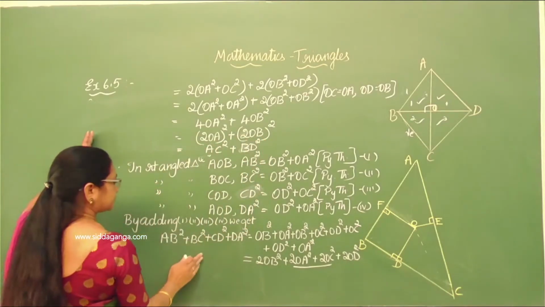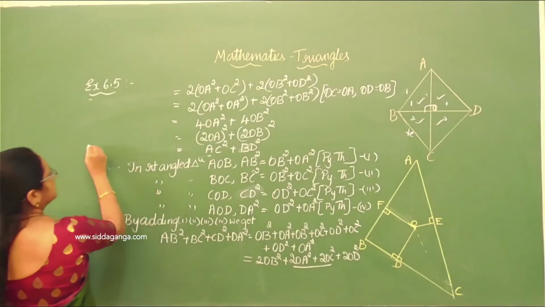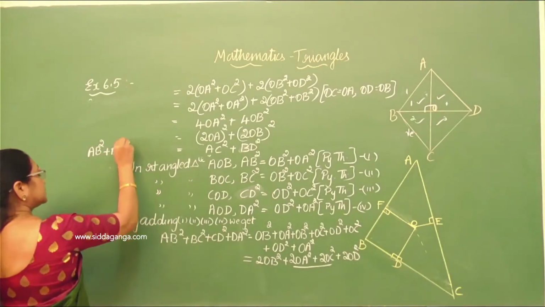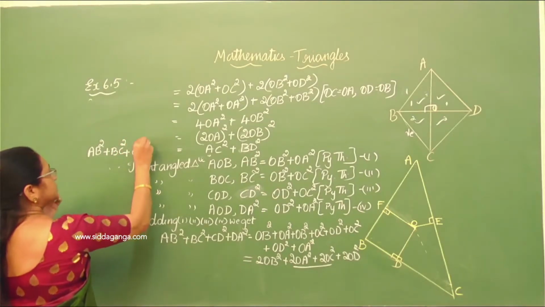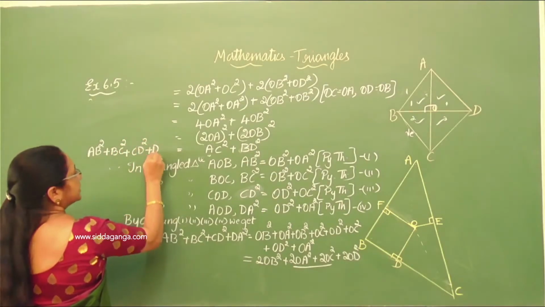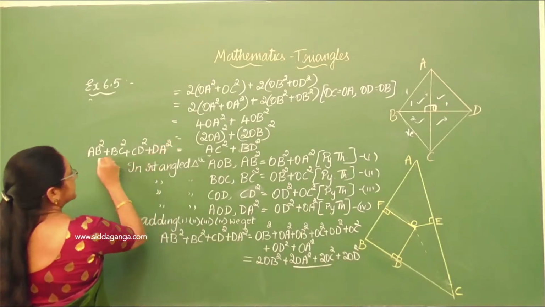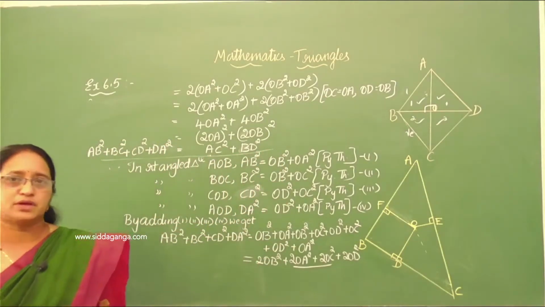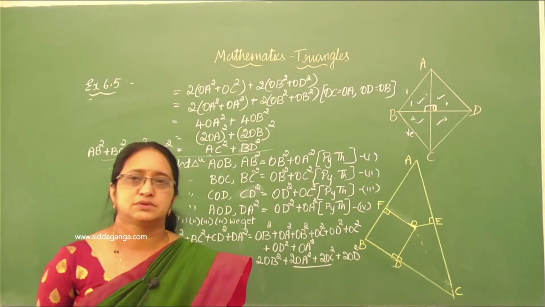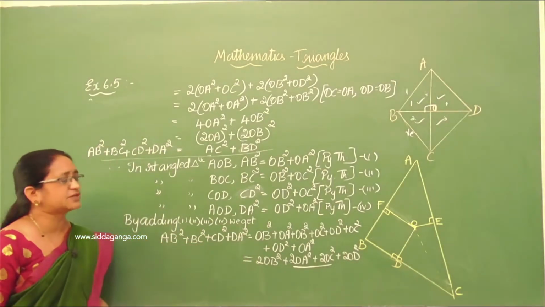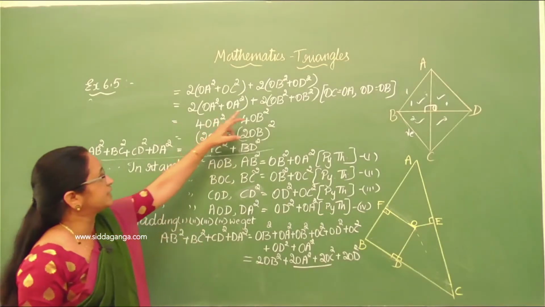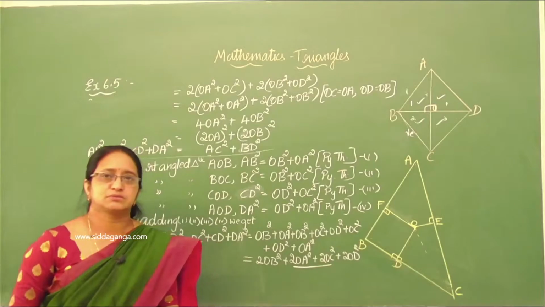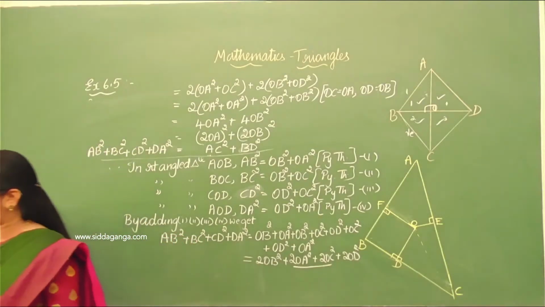That is LHS: AB square plus BC square plus CD square plus DA square. See, hence proved. I hope you understood. This is very easy. The only thing is you have to rearrange and get the final answer. That's all.